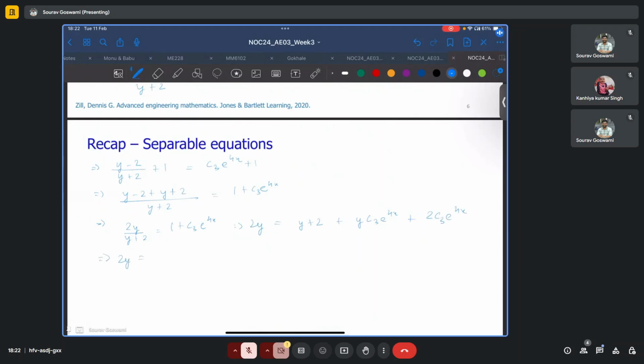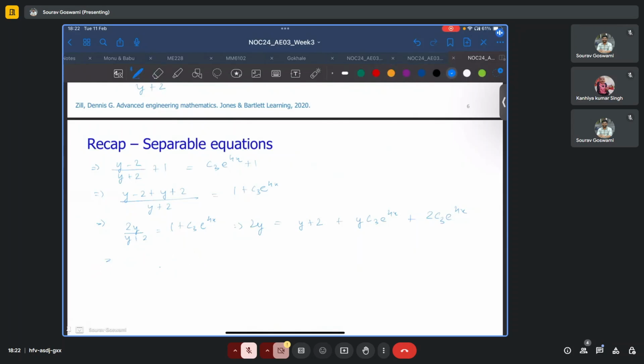That is, 2y is equal to y times (1 plus C3 e^(4x)) plus 2 C3 e^(4x), I'm just rewriting the same thing again.